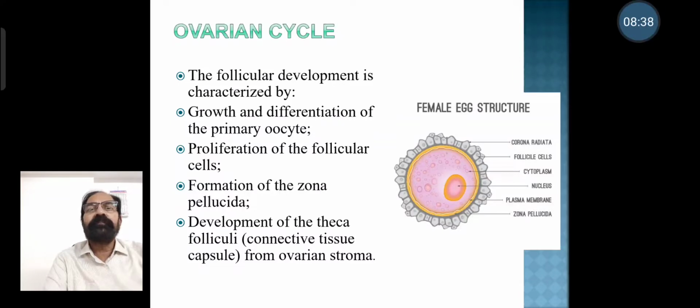The follicular development is characterized by growth and differentiation of the primary oocyte, then proliferation of the follicular cells, formation of zona pellucida, development of theca folliculi, that is the connective tissue capsule from the ovarian stroma.